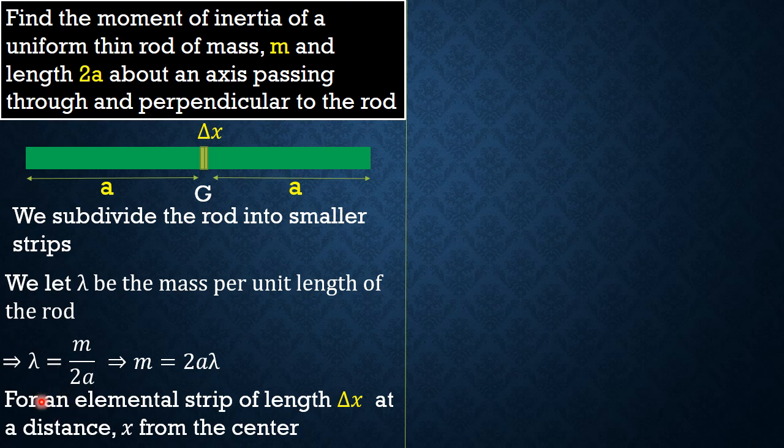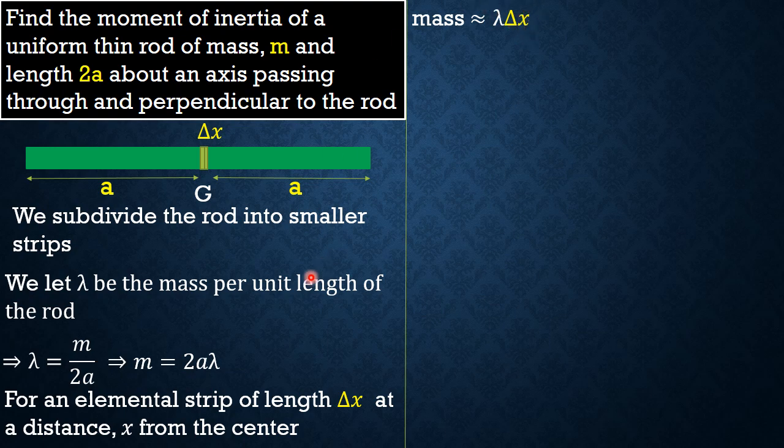Then friends, for an elemental strip of length delta x at a distance x from the center, the mass of one of those elemental strips is simply given as lambda times delta x.